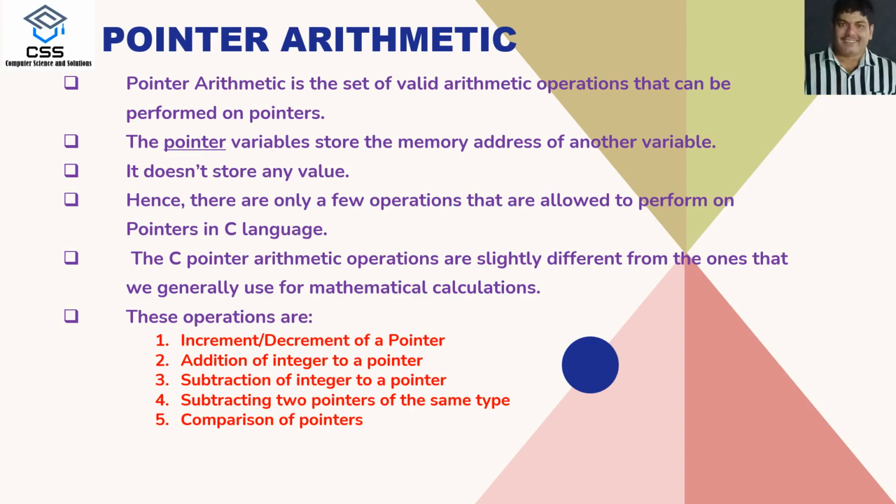We must know that arithmetic means calculations like incrementing, decrementing, addition of integer values, subtraction of integer values, subtracting pointers and comparison of pointers. Again, I am repeating: incrementing or decrementing the pointer, adding an integer value to a pointer, subtracting an integer value from a pointer, subtracting two pointers of the same type, and comparison of pointers.